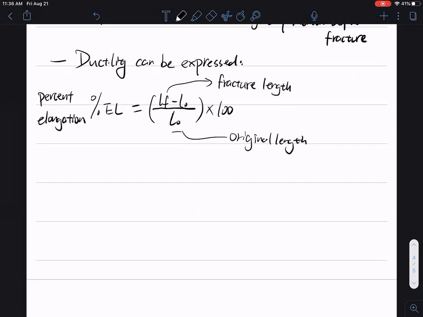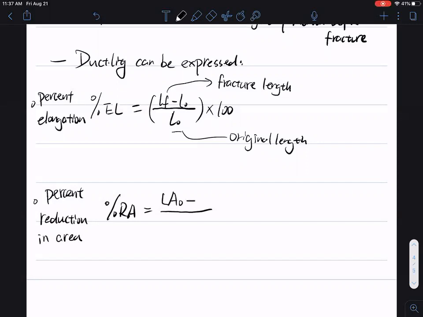We just mentioned that in Poisson's ratio, right? Percent reduction. For this case, the symbol is %RA, to represent percent reduction in area. The mathematical definition is the change of cross-sectional area: the original area minus AF, the final area, divided by AO times 100.